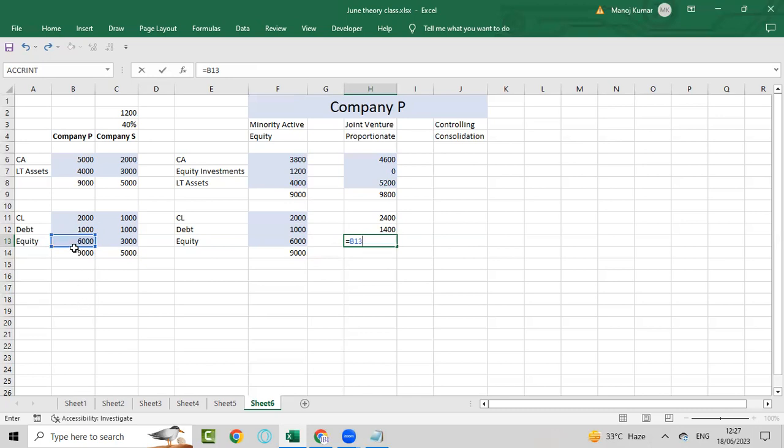I invested 6,000 here. Company P transferred that to somewhere else. How much is my equity? 6,000. So that 1,200, which is included here in 6,000, is also included here. I am not going to add it again. If I added again, 6,000 here and 1,200 here, then the total would become 7,200. But in this case, it will be 6,000 only.